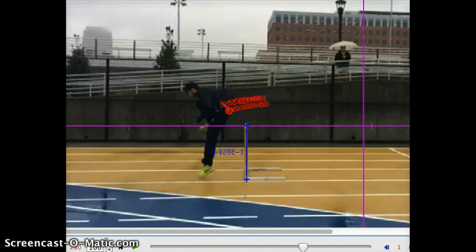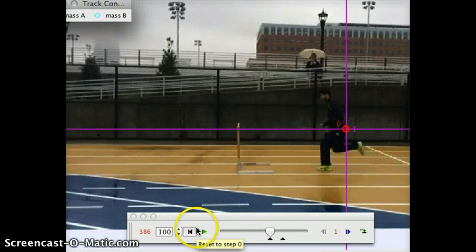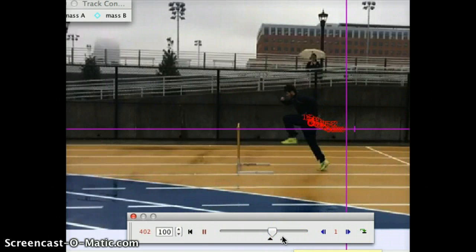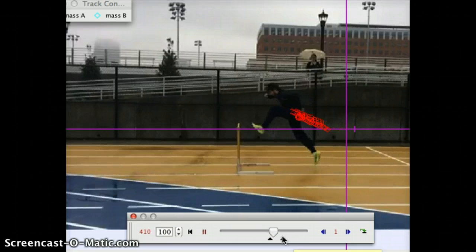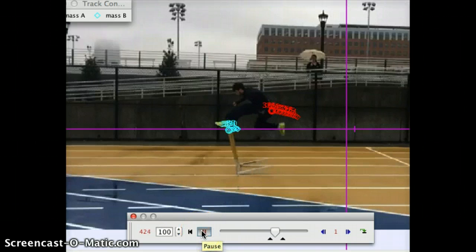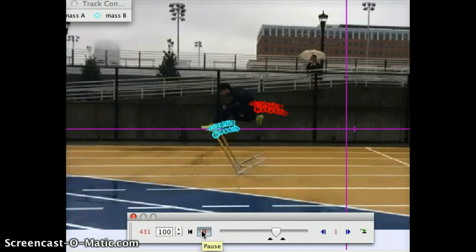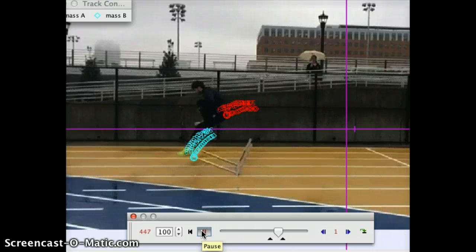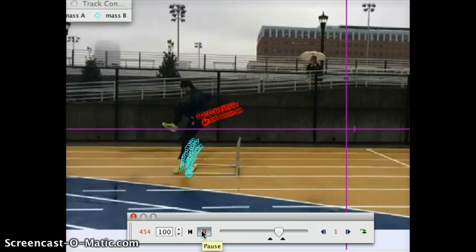And I also tracked him over a hurdle where he came in contact with it. And that'll be shown here. I tracked the speed of the hurdler, and for the energy principle later, to see if the kinetic energy is conserved, I also tracked the velocity of the hurdle coming crashing down to compare that to the runner's kinetic energy.